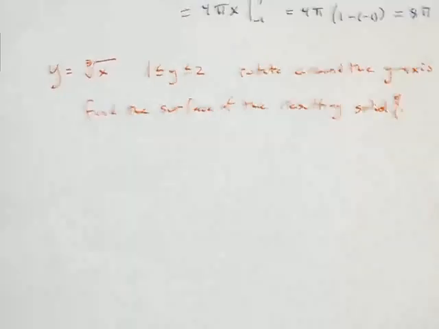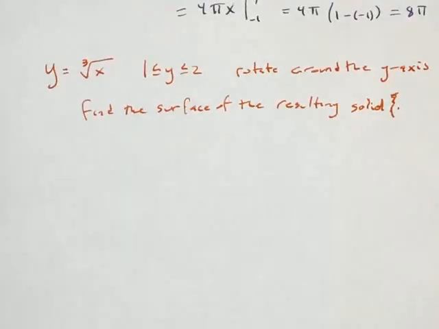Well, let me actually draw a picture and see if I can adjust the math we've been doing to this new situation. Grab your calculators, give me a graph of the cube root of x.